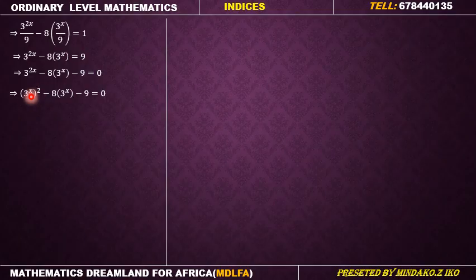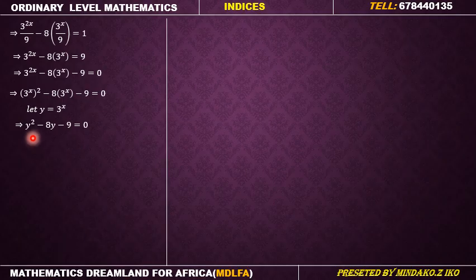I notice that what I have is 3 power x all squared, minus 8 times 3 power x, minus 9. Notice something. We have 3 power x here and we have 3 power x here. Now we can assign something to be this 3 power x. So if I let y be 3 power x, it implies that I'll have y squared minus 8y minus 9 being equal to 0.